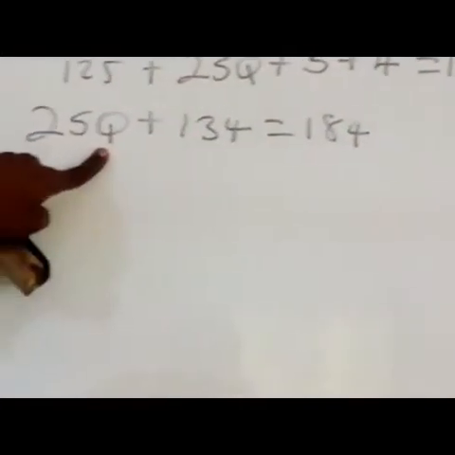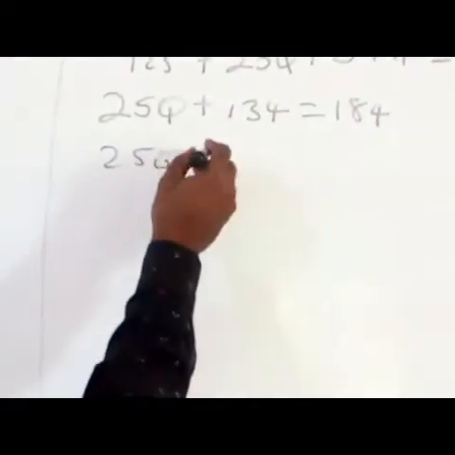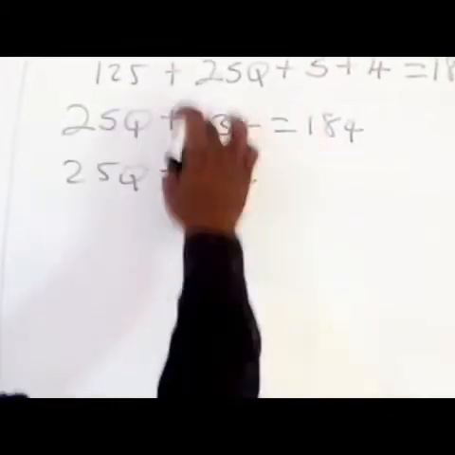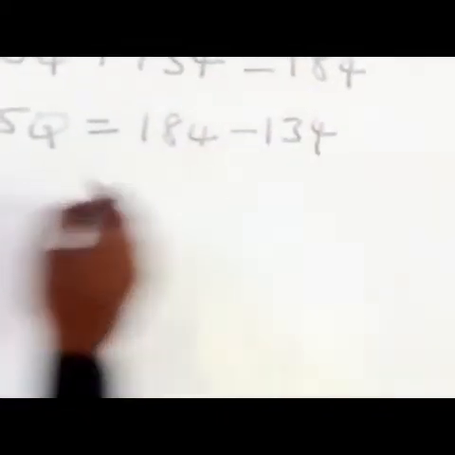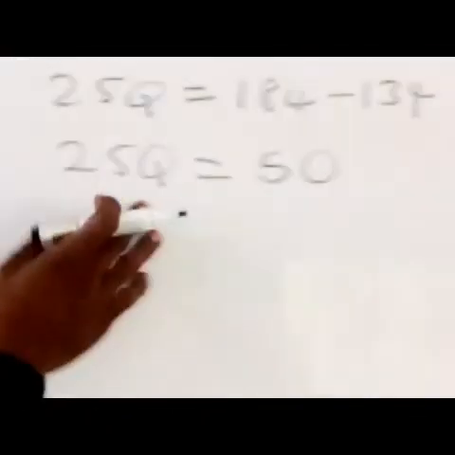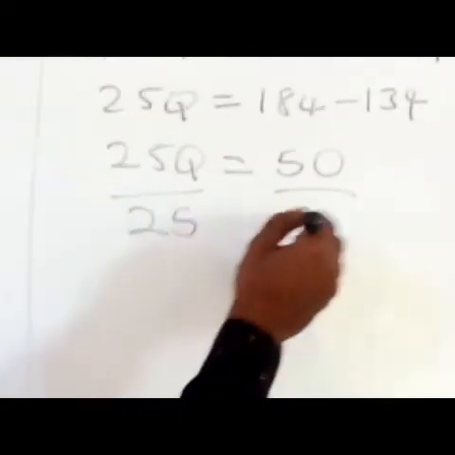So we are looking out for q, we transpose. 25q is equal to 184. This one is going to the other side of the equal sign, so this one changes to negative. Minus 134. So 25q is equal to, if you take this one, we do what? 50. Since we are looking out for q, we divide both sides by 25.